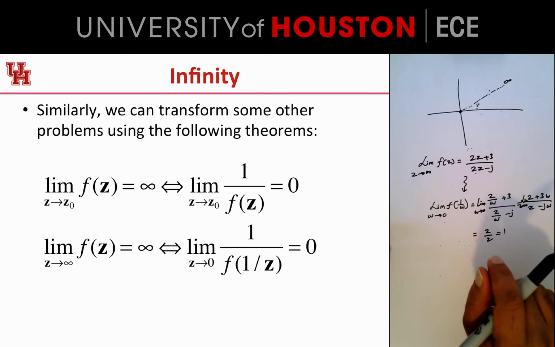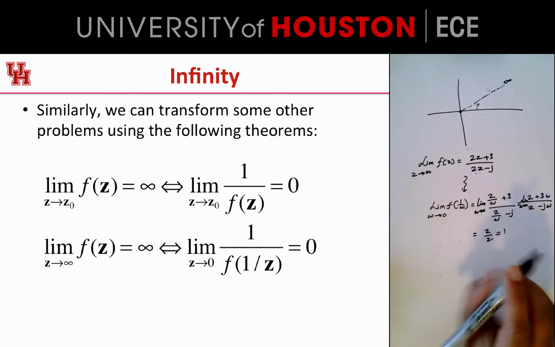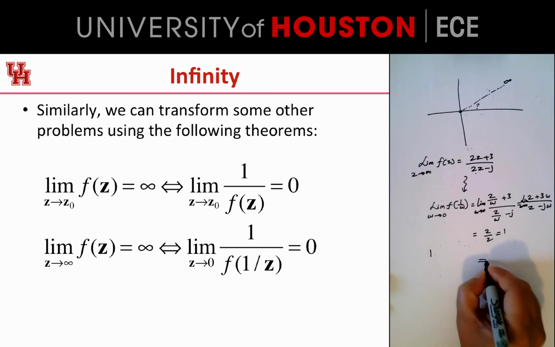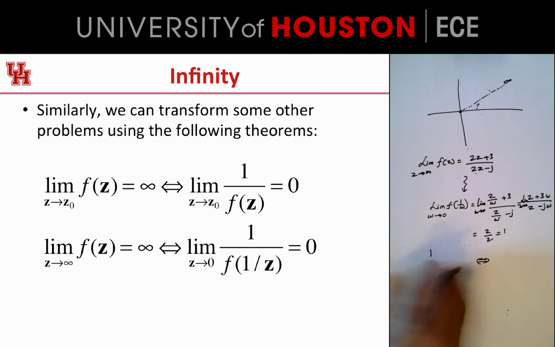Similarly, we can transform some other problems where the limit itself is infinity. What I'm stating here are two theorems. You see the equivalence sign in the middle. This means that what's on the left is identical to what's on the right.